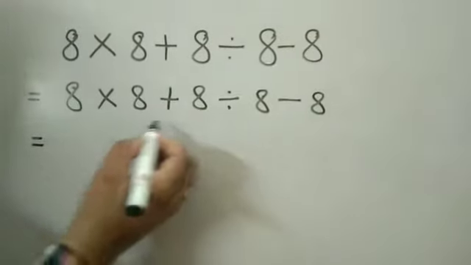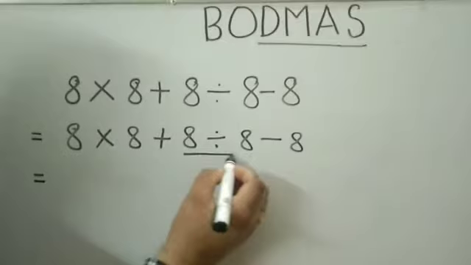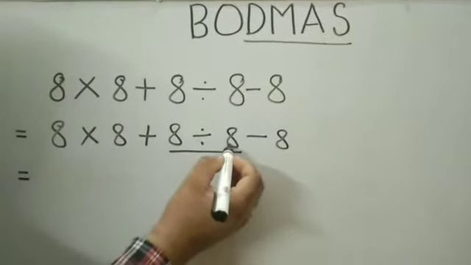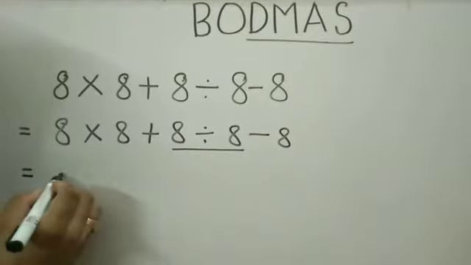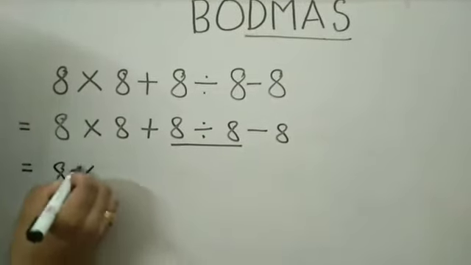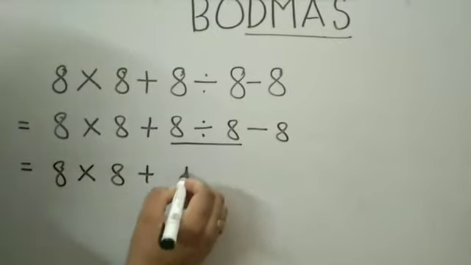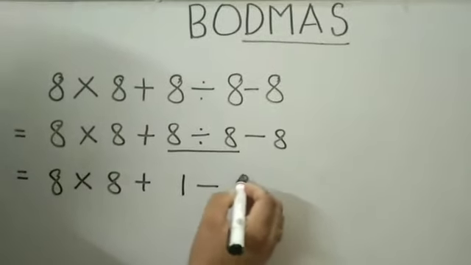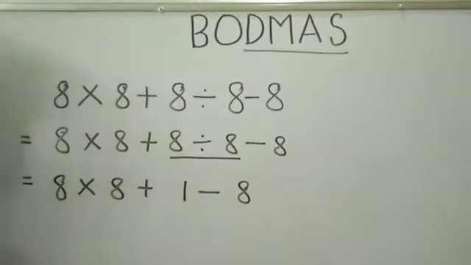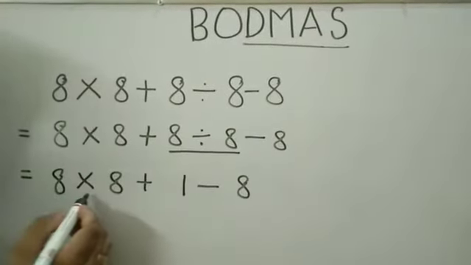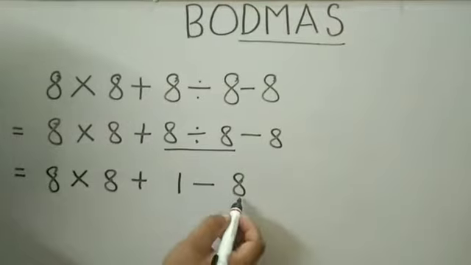Now according to BODMAS, we have to do divide first. 8 divided by 8, 1. We have to solve only division and not change the place of the other numbers. 8 multiplied by 8 minus 8.